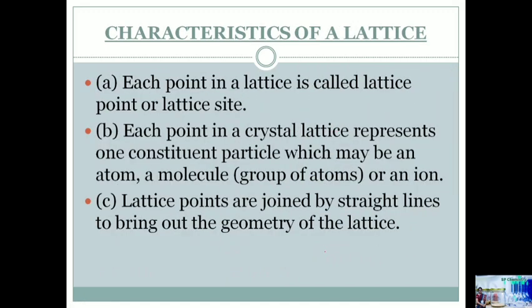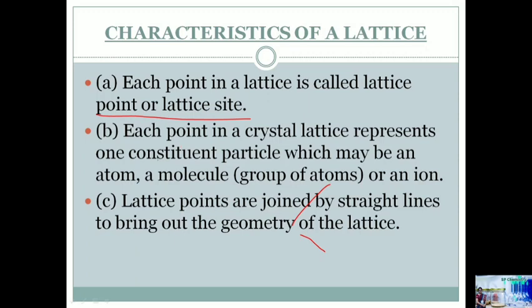So we will discuss characteristics of a lattice. What are the characteristics? Each point in a crystal lattice is called a lattice point or lattice site. Each point in a crystal lattice represents what?